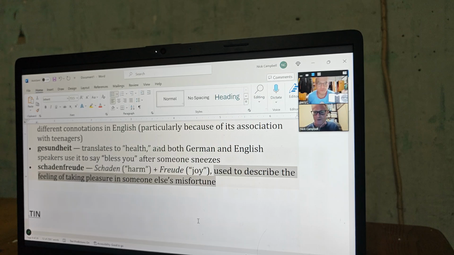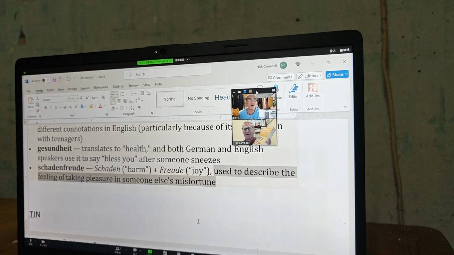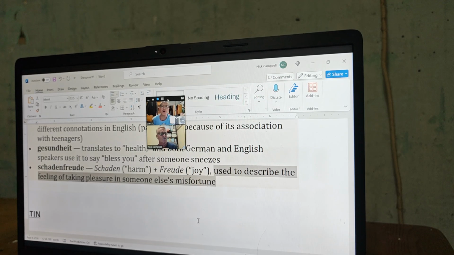Some years ago, some of my students gave me this book, and I don't know if I showed it to you before. It's called The Chinese Have a Word for It. Have I ever shown you this before? No. I'll take a picture of it later. It's called The Chinese Have a Word for It.